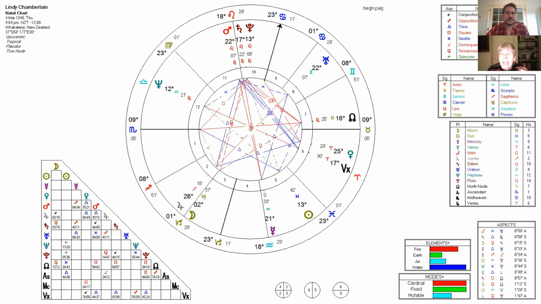In any aspects like this, it might be very wide. You see this a lot in stelliums. The two end planets may not necessarily be in conjunction, I have that in my own chart, but by the time you travel through all the planets in between, they are having an influence on each other.